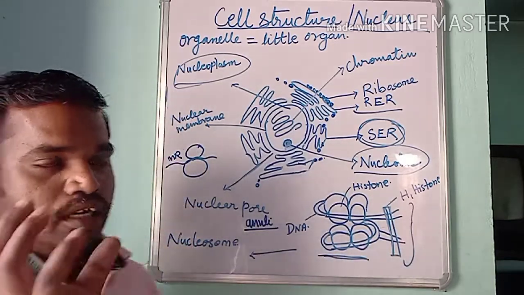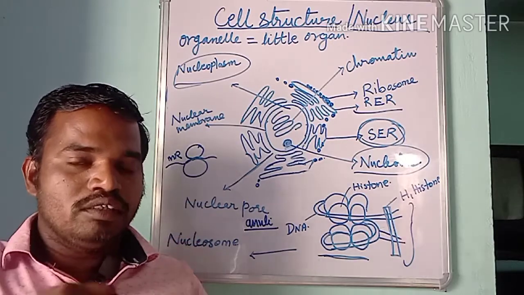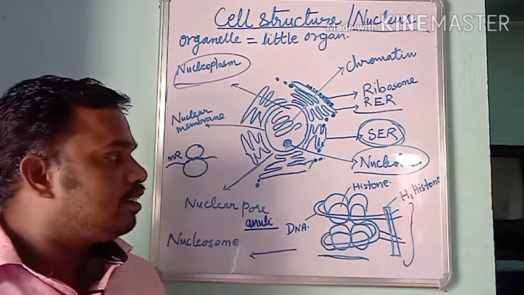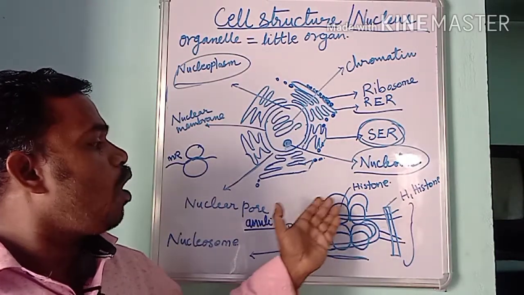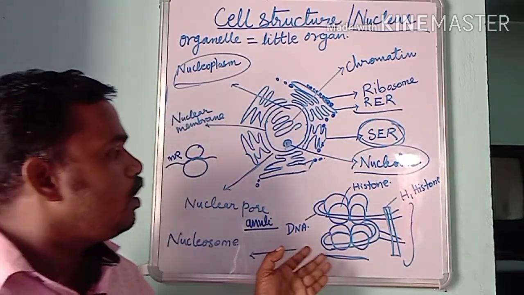If you take 8 balls and coil a thread on the surface of the 8 balls, how will it look? The same way, these histones are coiled by the DNA structure, which forms repeated units.